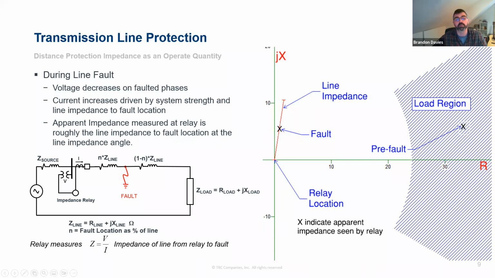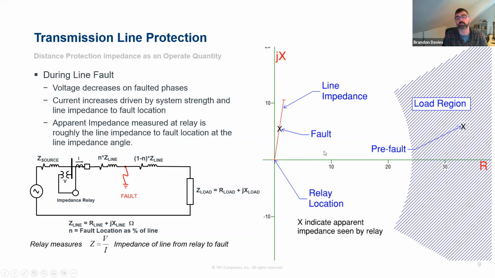But it's still going to meet these same things. You're still going to see a large increase in current. You're still going to see a voltage decrease, and the angle of that impedance is going to be somewhere near this line impedance angle measurement rather than in the load region.